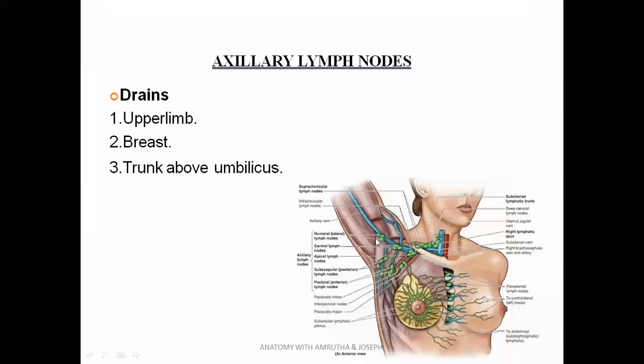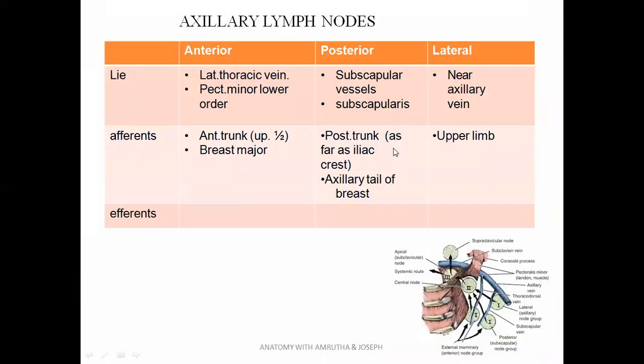The lateral group of lymph nodes is seen on the lateral wall of the axilla, along with the axillary vein. Now these are the location and area drained by the different axillary groups of lymph nodes.